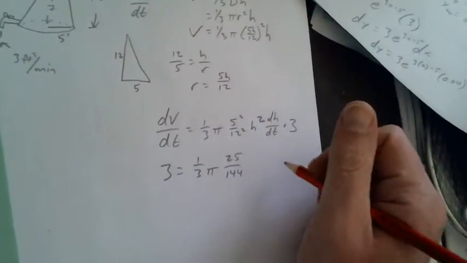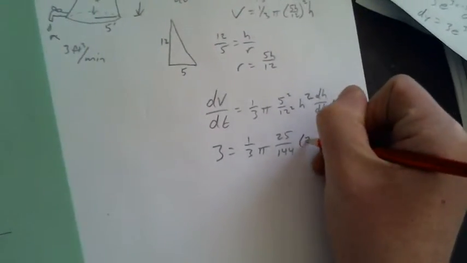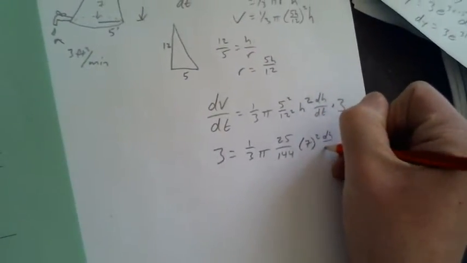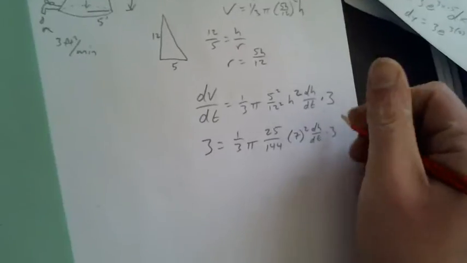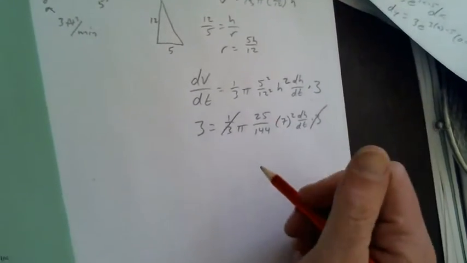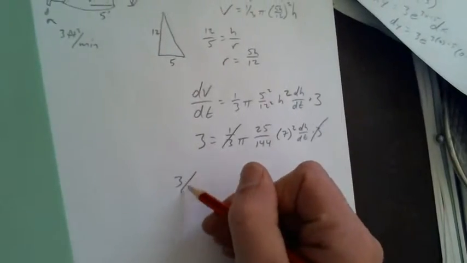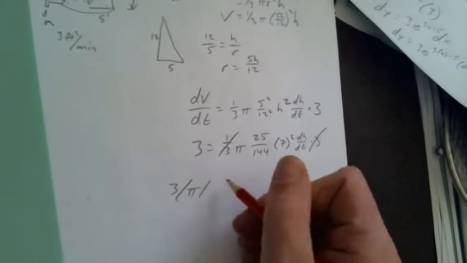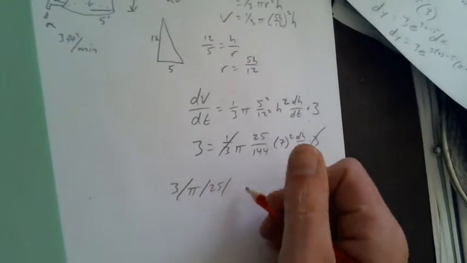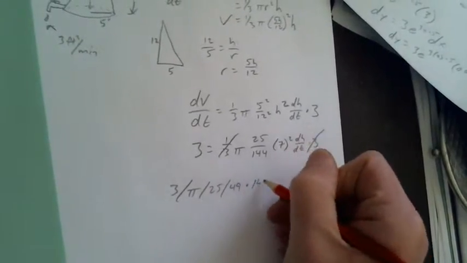Okay, that's much better. So h, the height, was 7, dh/dt times 3, and we'll take this 3 and that 3 and get rid of them. So we'll take 3 and divide it by pi, divide it by 25, divide it by 49, and multiply it by 144.